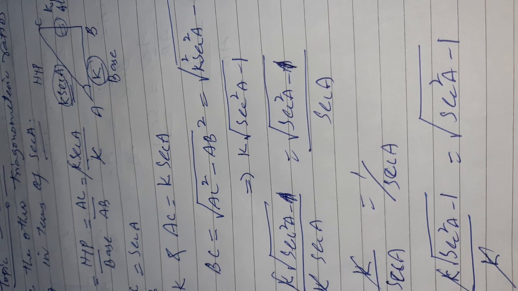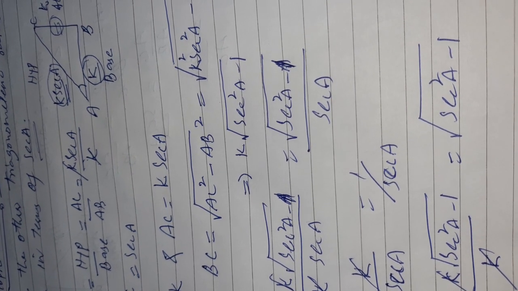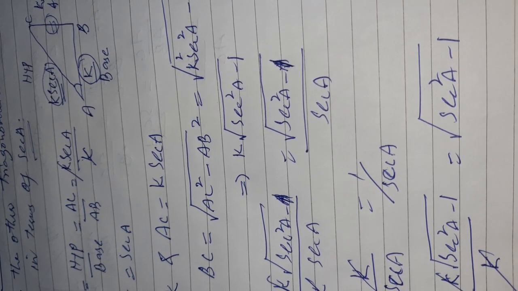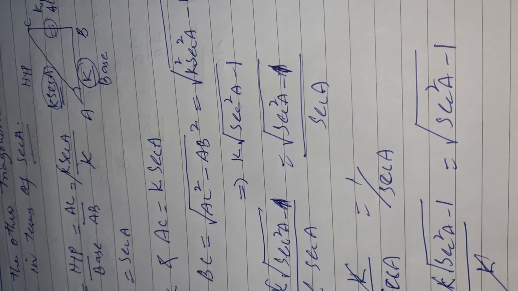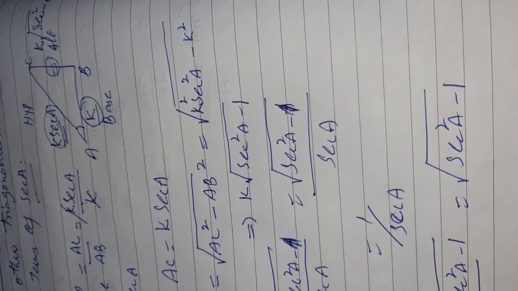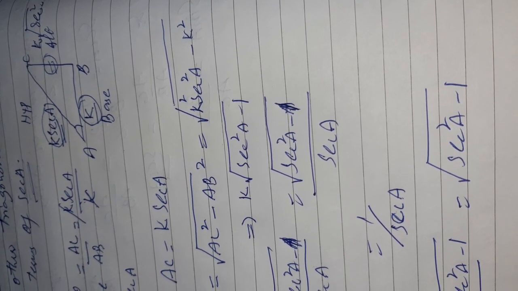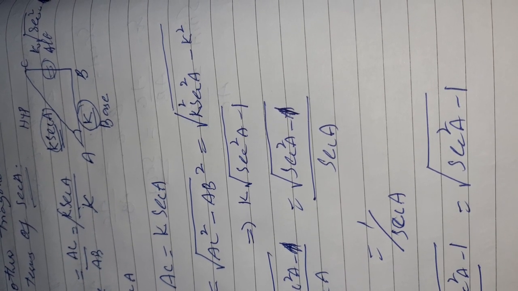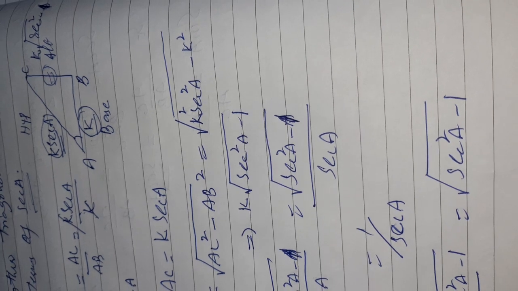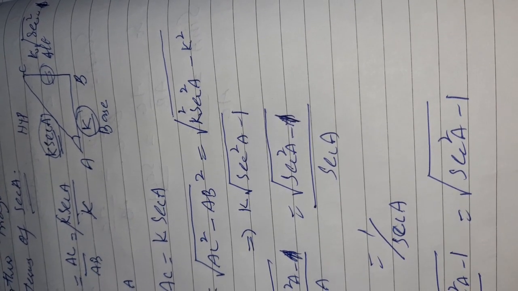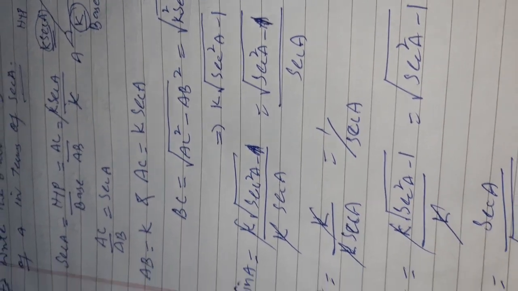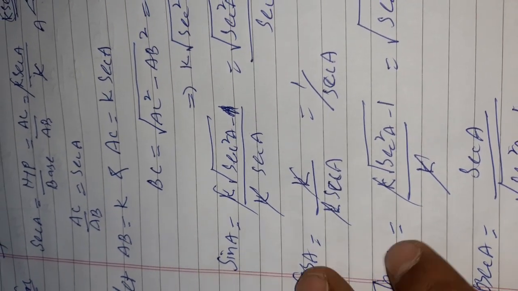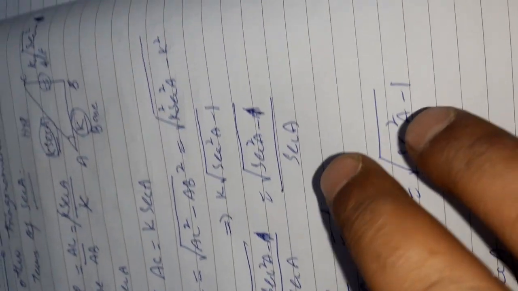Once we have a right angle triangle, we will use the Pythagorean theorem to calculate the third side of that triangle. And while I use that formula, I get K under root sec square A minus 1, the altitude, or we can say the opposite side of the angle A. Then I take the sine of A. Sine of A is the opposite side by hypotenuse.